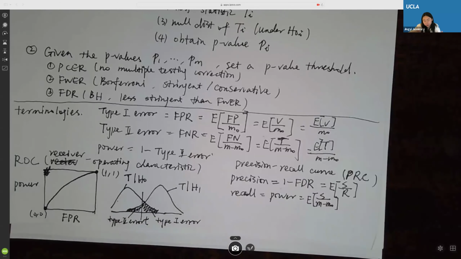For that type of two-way decision table, they are similar, but conceptually, multiple testing and binary classification are two different things because in multiple testing, each test is about one feature, one variable, while in binary classification, each decision is made for one observation. That's something I said in the first class.